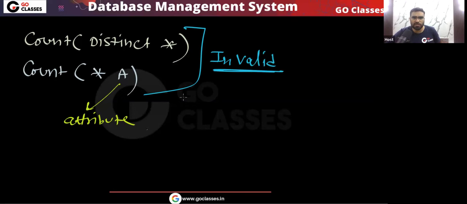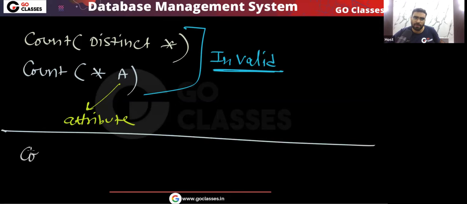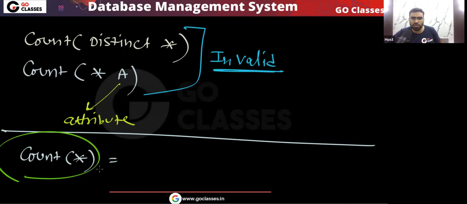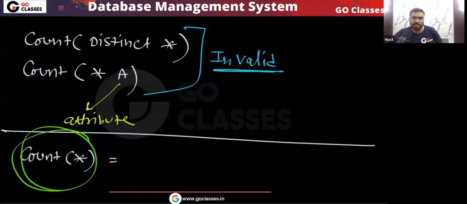So count star is special. Count star has no variations. Count star is simply counting the number of tuples in the table. Yes or no? There is no hidden secret point here. This is very simple. Count star is the only syntax.